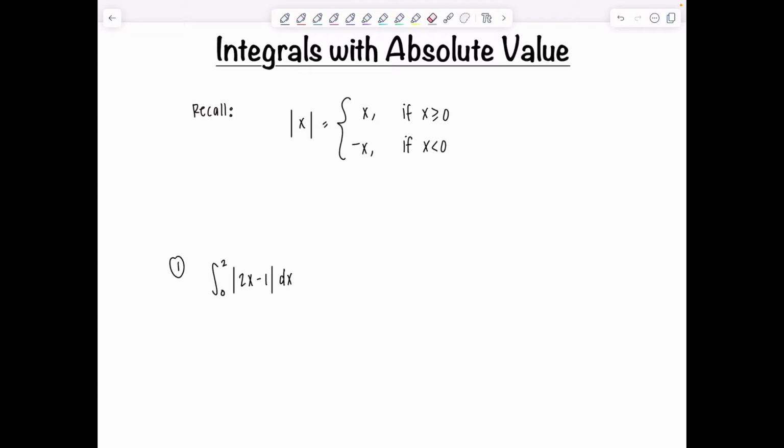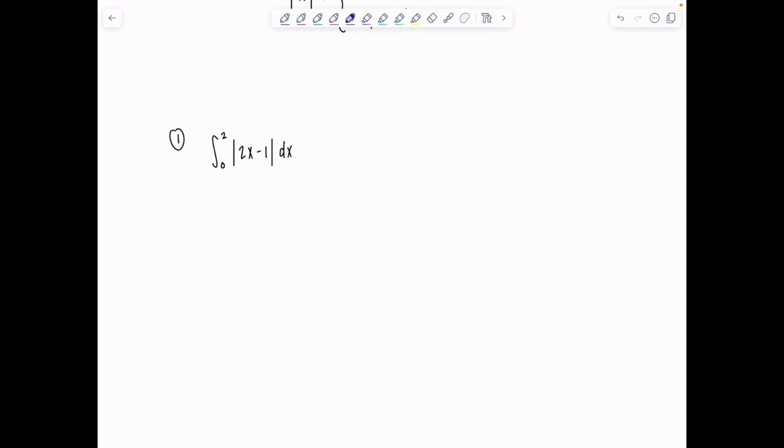Now, in order to evaluate integrals with absolute value, we're going to start off by doing precisely that, rewriting them piecewise. Okay, so first example, we have the definite integral from 0 to 2 of the absolute value of 2x minus 1 dx. So first things first, rewrite the absolute value expression piecewise.